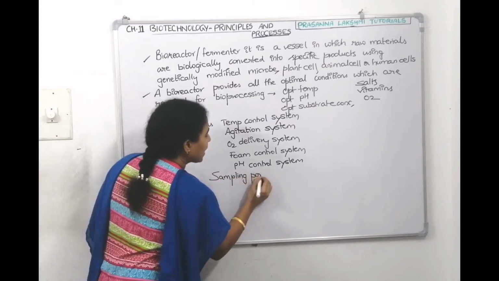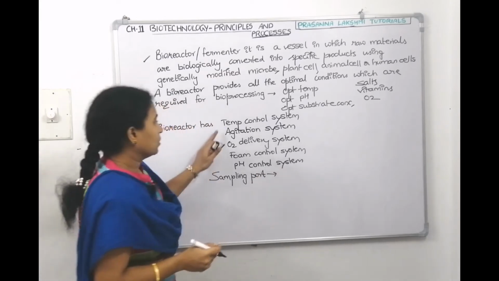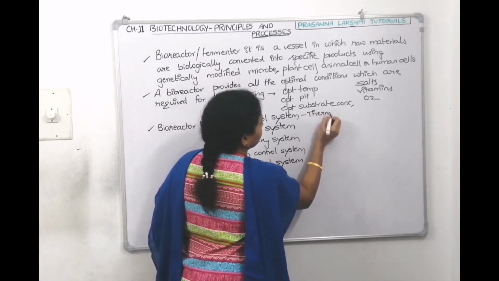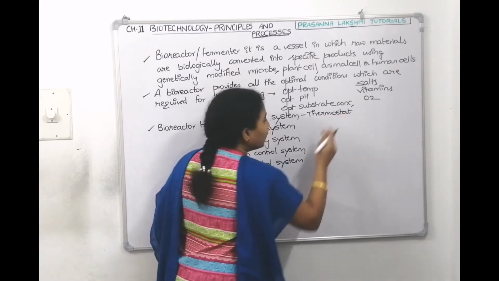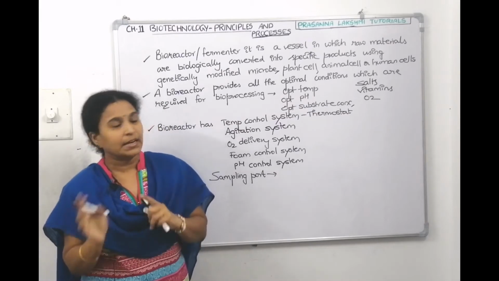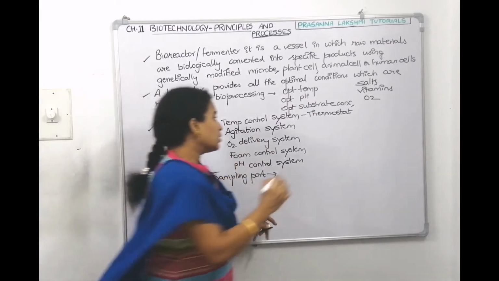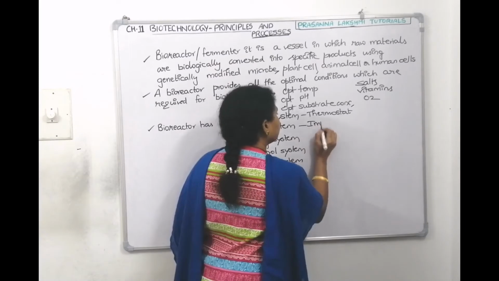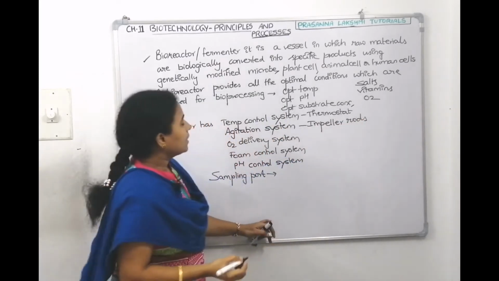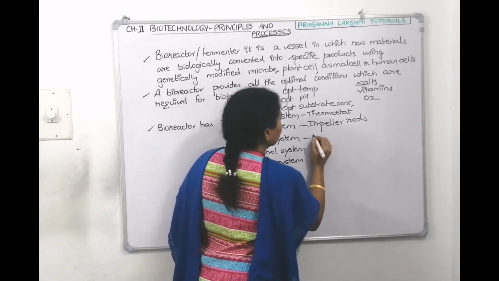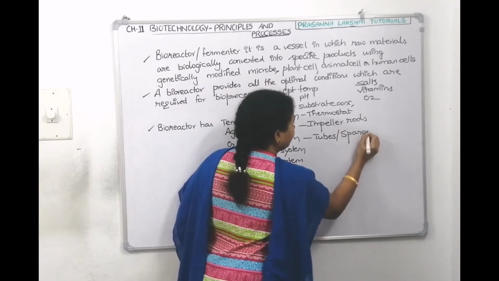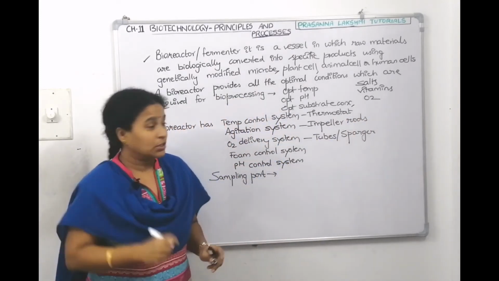Now, what is this sampling port? I think you understood. Temperature control, it is by thermostat. Thermostat will tell us the temperature, and circulating hot steam or through cold water we can control it. Agitation system is by impeller rods. Oxygen delivery system is by the tubes and sparger, a plate which is having tiny nozzles.